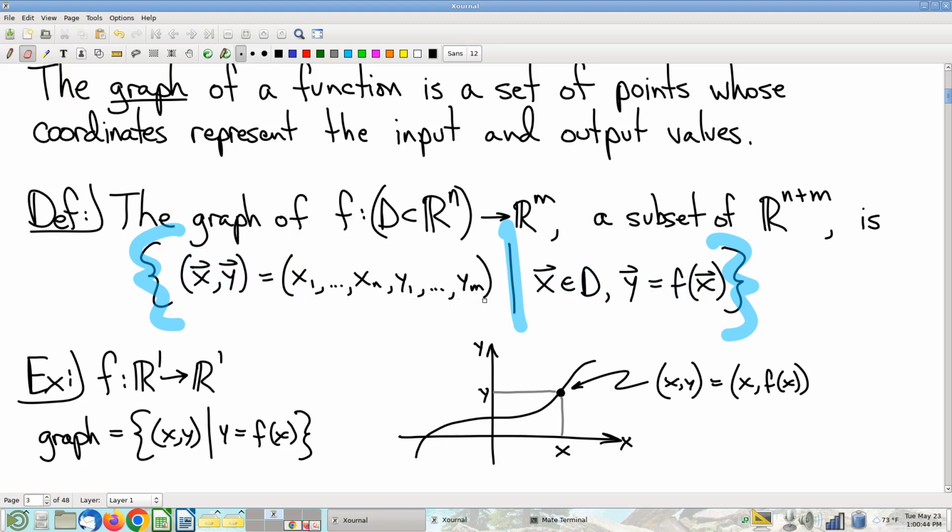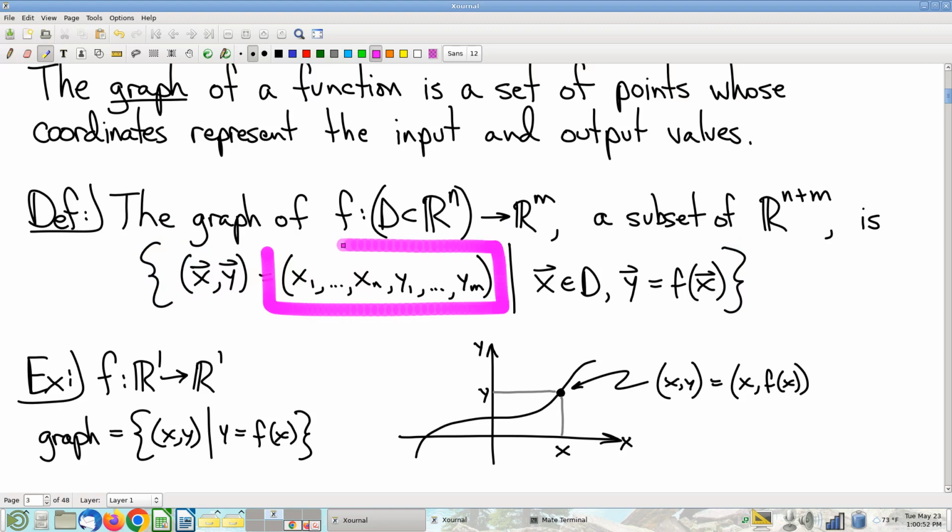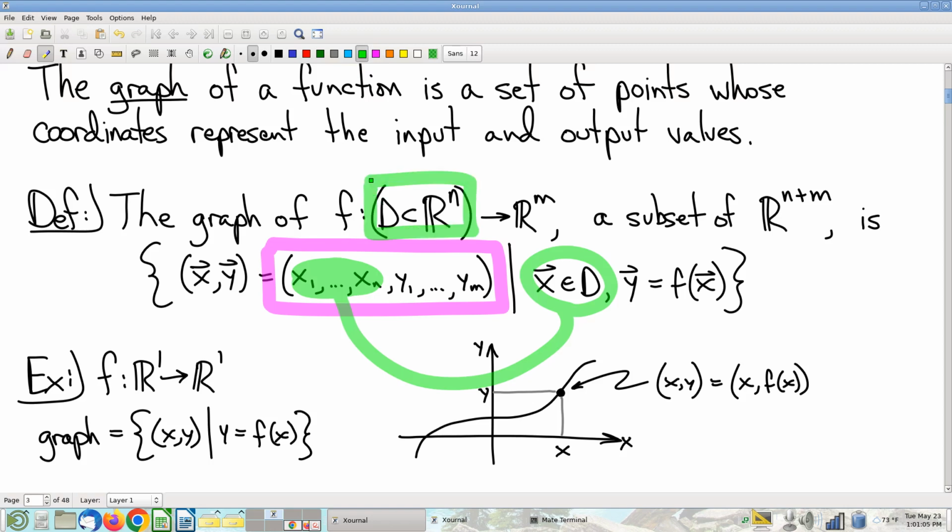Okay, so when you're talking about a graph, the graph is a set of points where the first several coordinates come out of the domain, and the second several coordinates are the corresponding output values that come out of the function, and thus those output values in some sense are in the target.